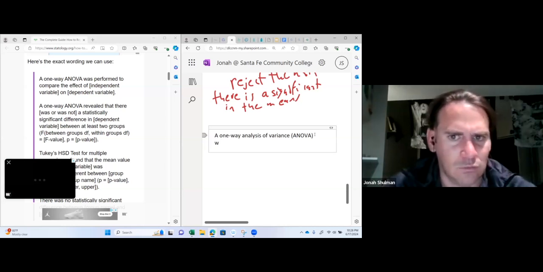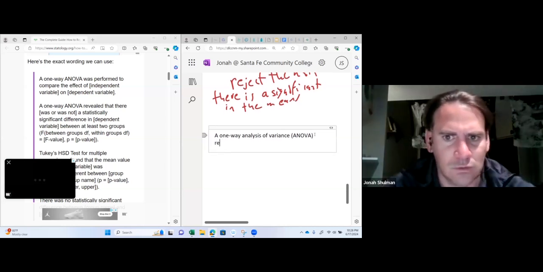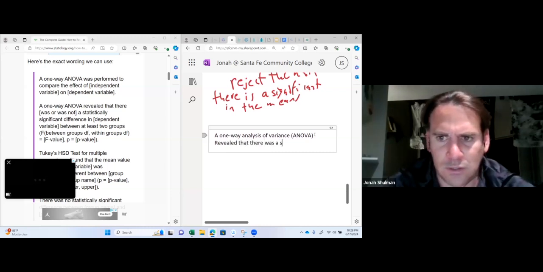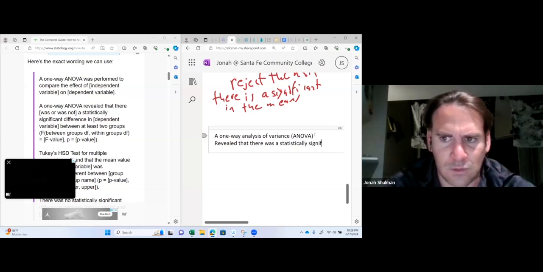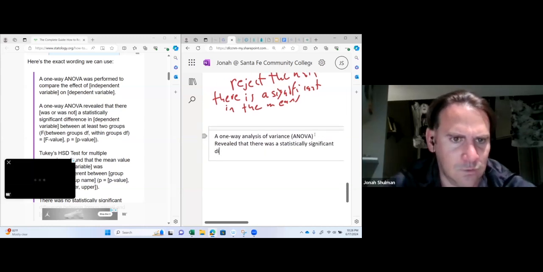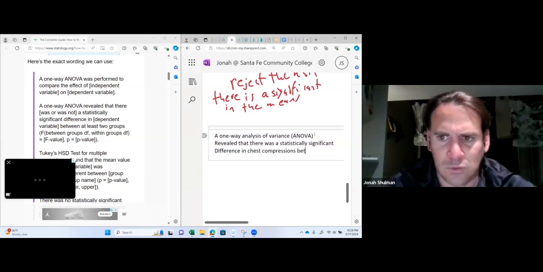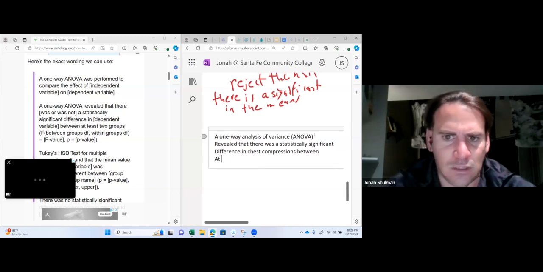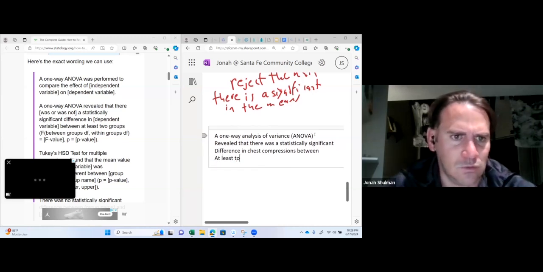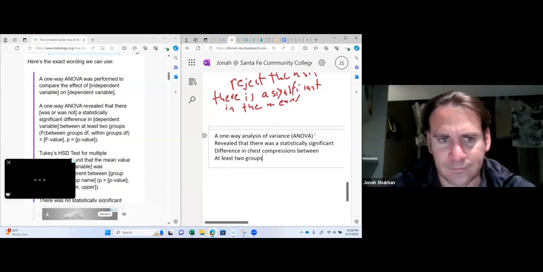A one-way analysis of variance revealed that there was a statistically significant difference in chest compressions between at least two groups.